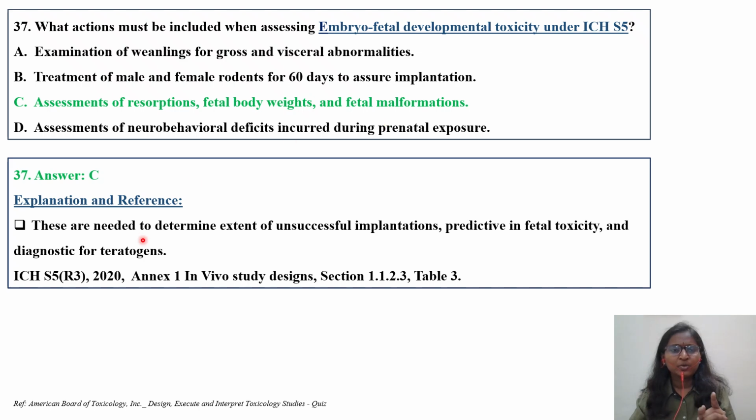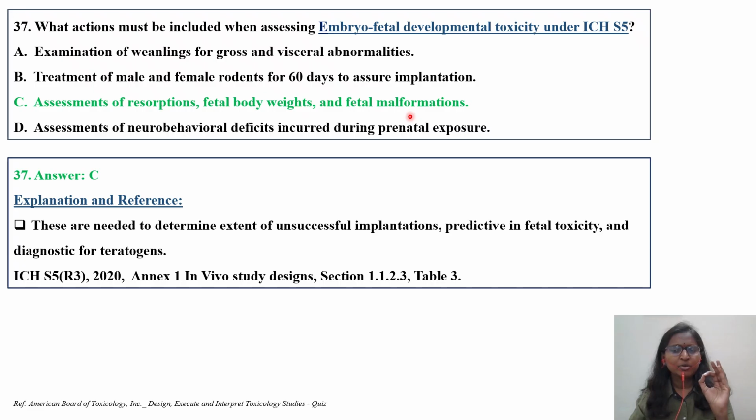We need to determine the extent of unsuccessful implantations, that is resorptions. Fetal body weight is predictive in fetal toxicity: if the body weight of the fetus is decreasing, you can understand that it leads to fetal toxicity. And diagnostic for teratogens: if there are any fetal malformations, whether visceral malformations or skeletal malformations, then you can understand these are for fetal malformations.